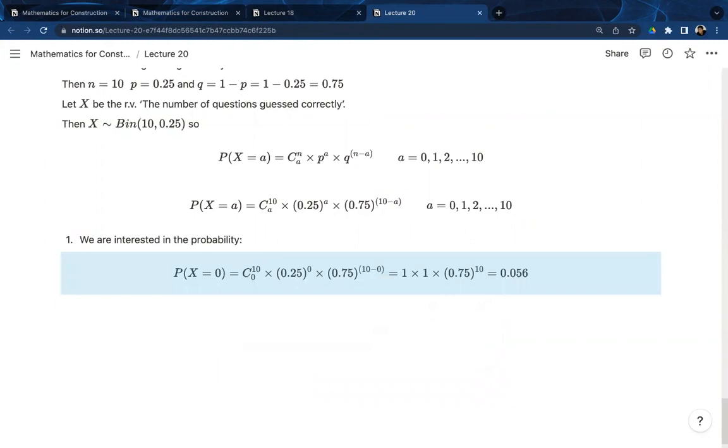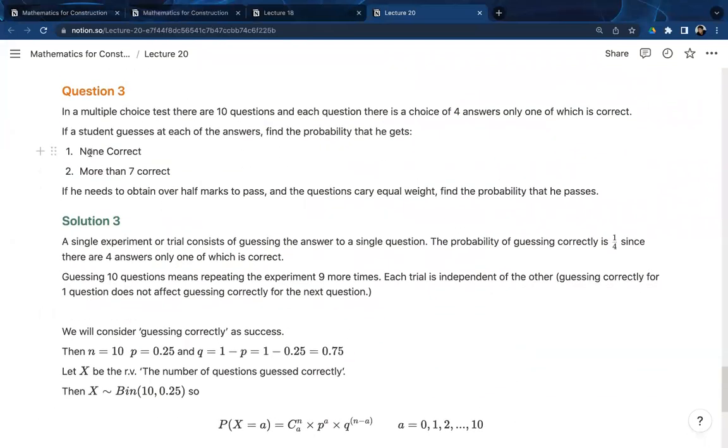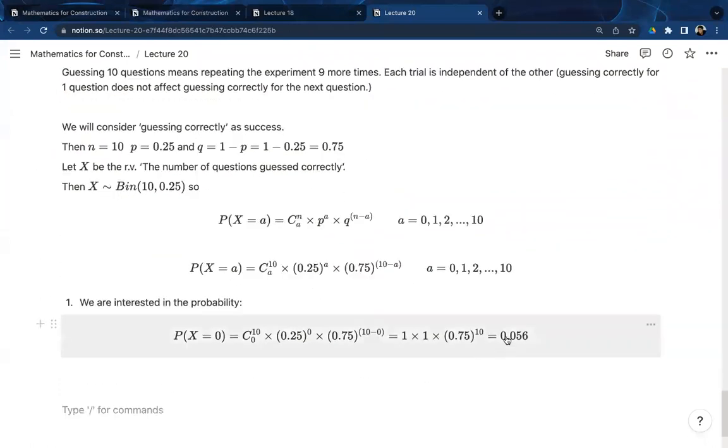That's a small probability, right? That's like 5.5% somewhere there. That's very small. But this is the probability that no questions were right. You get none correct, you guess wrong on all. It's a very small probability. So the probability of getting 0 in an exam when you guess is kind of small.